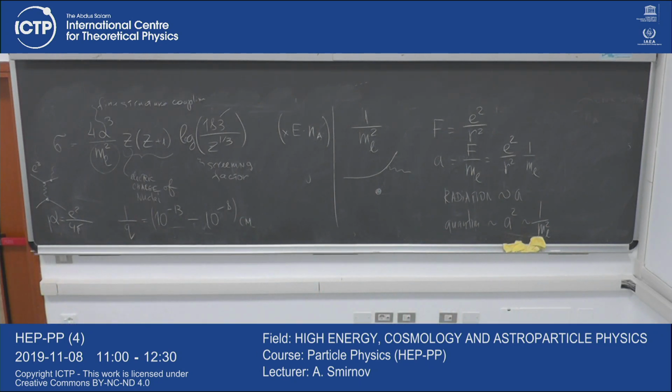Again, the lighter the particle, the stronger it accelerates in a given field, or changes the velocity or the momentum, and therefore the more it radiates. Okay? So this is important. You may not remember all these coefficients, the factor of 4, or even this screening factor, but what you should remember is that radiation energy loss is inversely proportional to the mass of the particle squared.